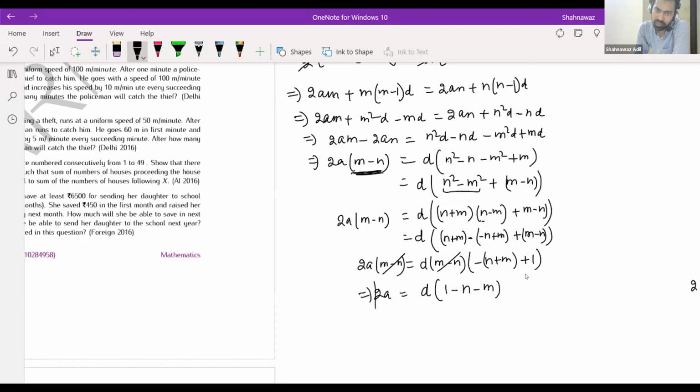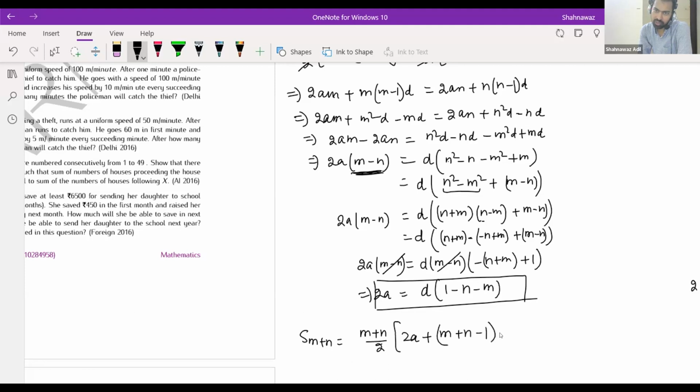Is this part clear, guys? Clear? Yes, sir. Okay, I have calculated 2a. So what is Sm plus n? Sm plus n is m plus n by 2 into 2a plus m plus n minus 1 into d. Understood? Yes, sir. So what is the value that I know?